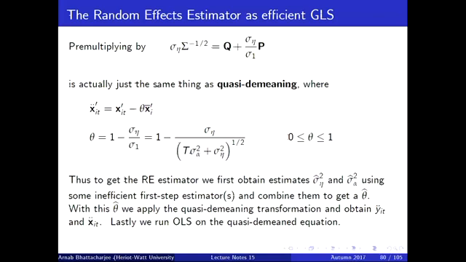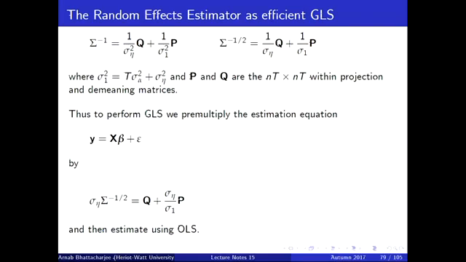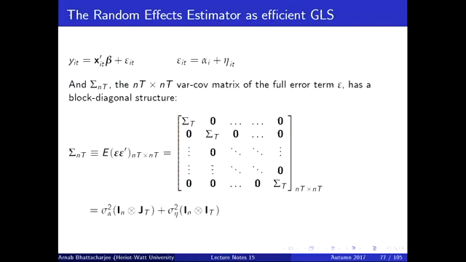How do you get this first stage inefficient estimator? Inefficient in the sense that you are not using the full set of moment conditions, but at least it has to be consistent. How do you get that?